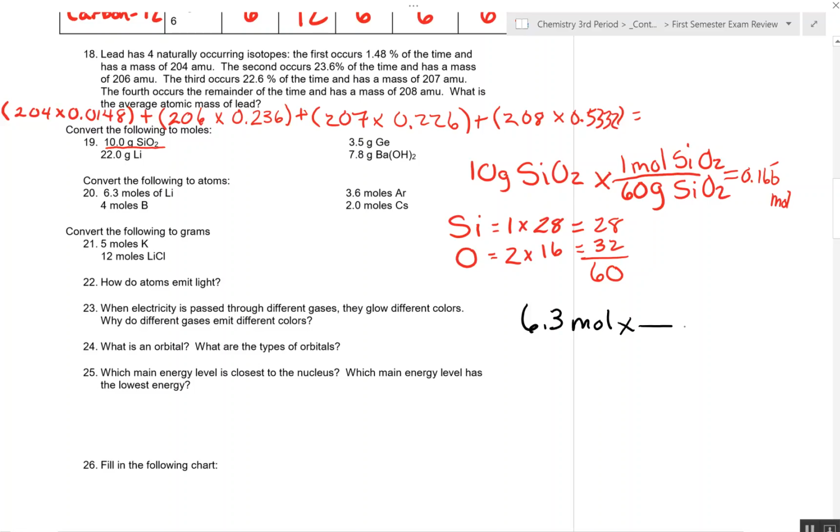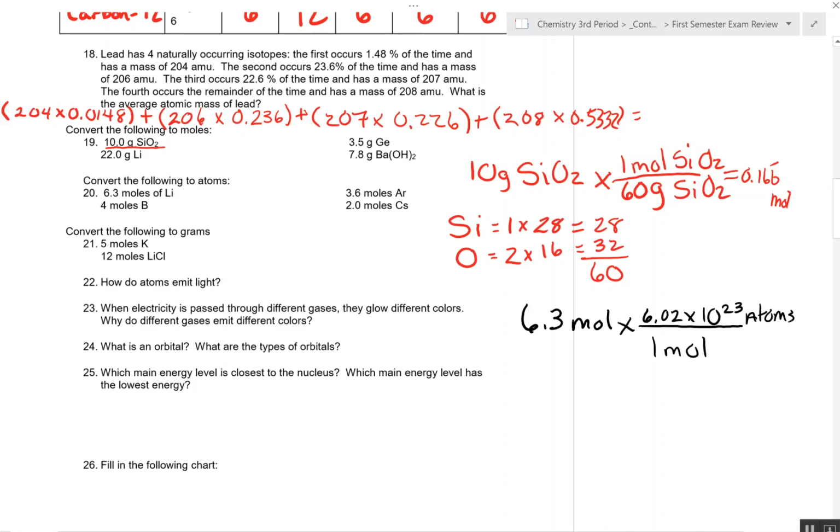How do I get to atoms? In 1 mole, how many atoms are there? It's a really, really big number that you should have memorized a long, long time ago. 6.02 times 10 to the 23rd atoms.